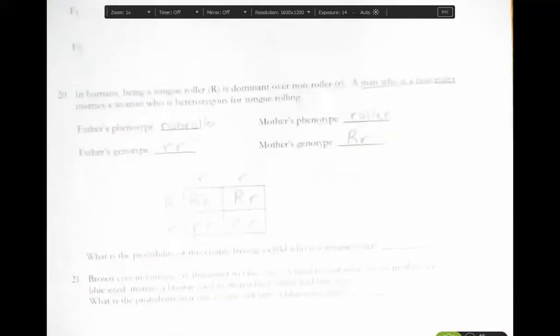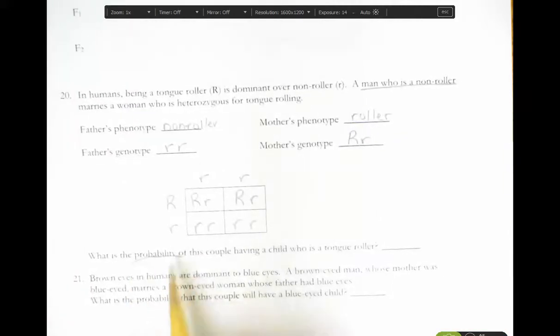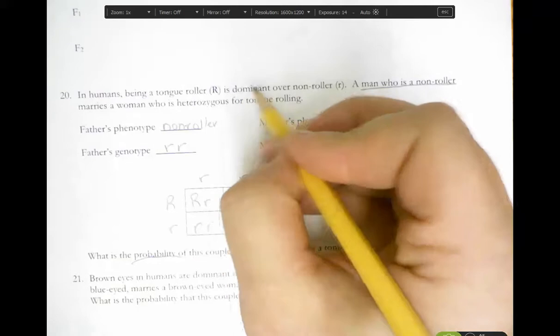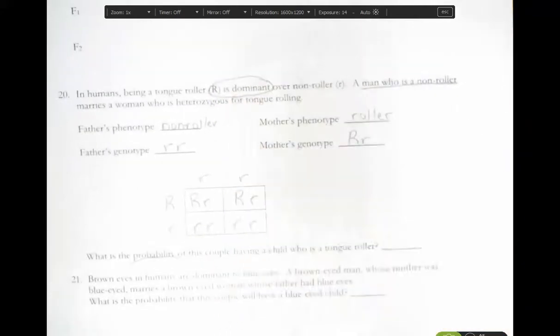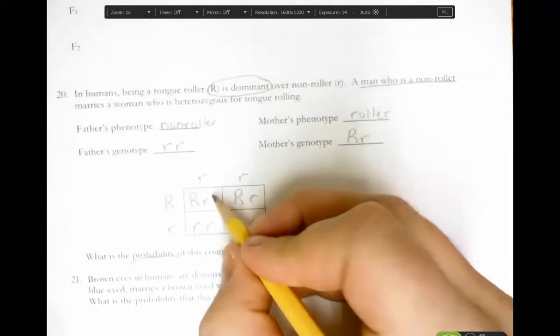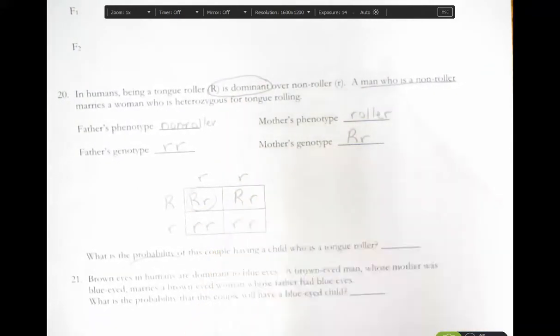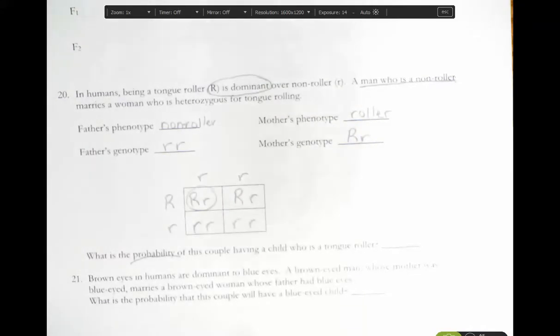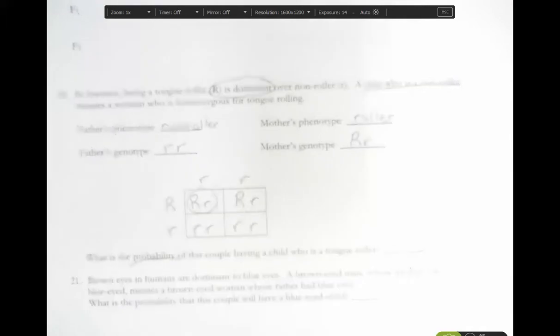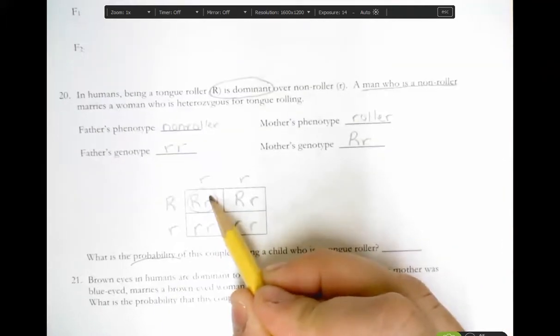What is the probability of the couple having a child who is a tongue roller? In order to be a tongue roller, you have to have the dominant allele, uppercase R. Can this offspring roll its tongue? Yeah.